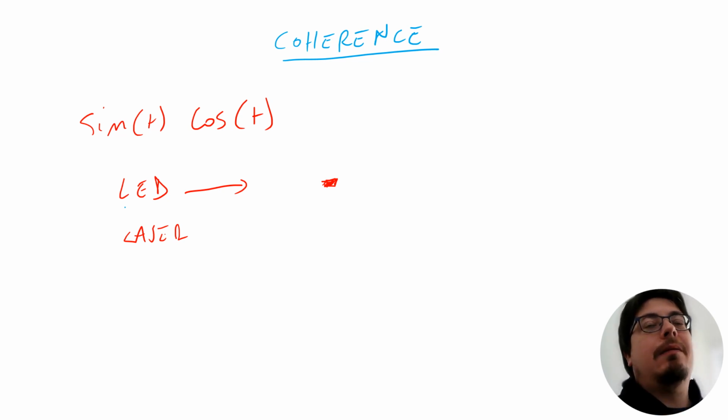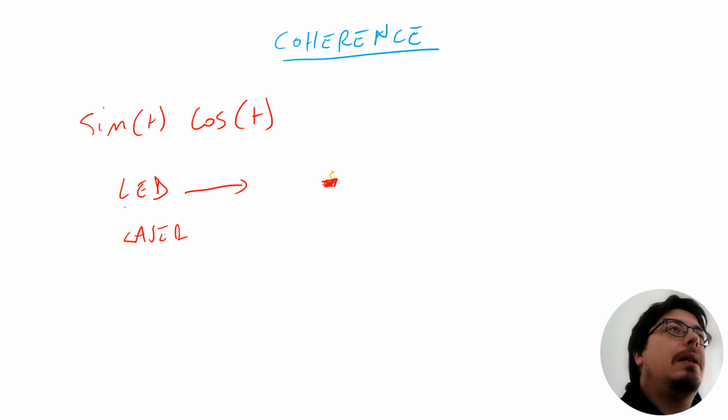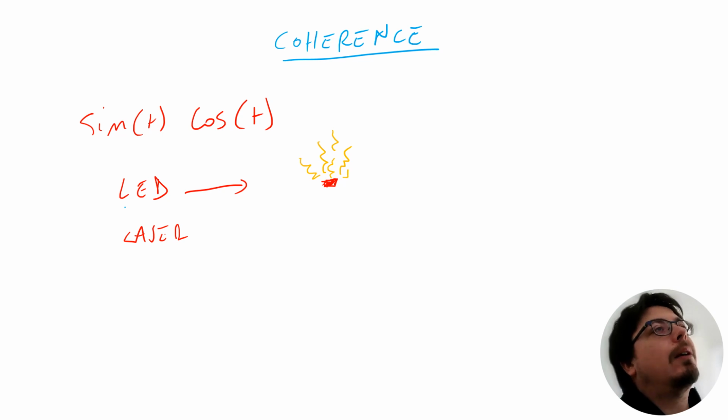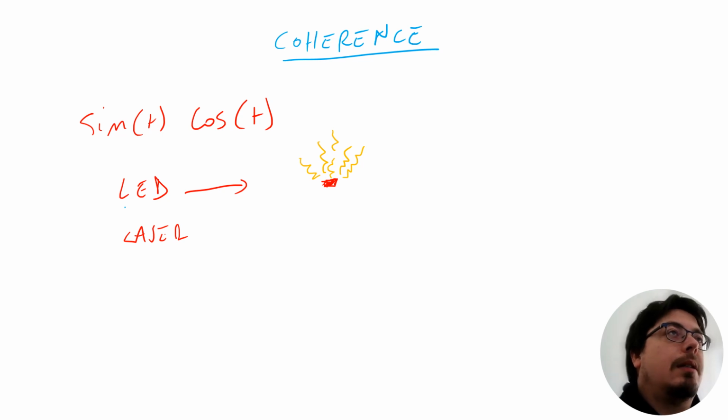The physics is very exciting and interesting, but I'm not going into any detail of that. We know that it emits wiggles of light in many directions, and depending on the color of the LED, it can be blue, green, or another particular color.